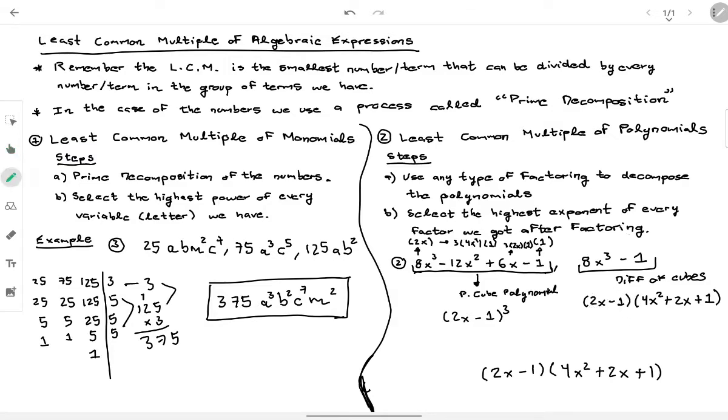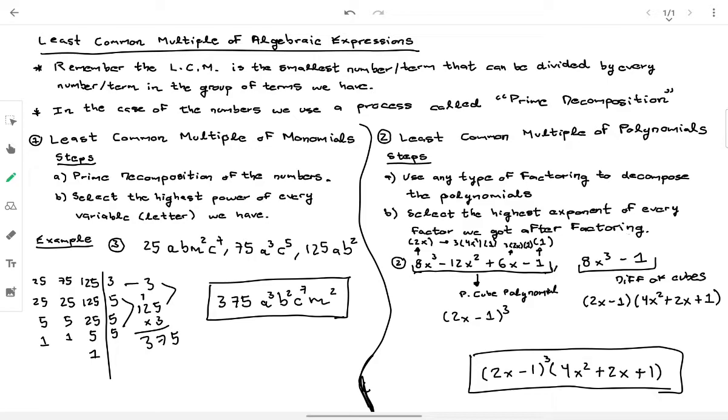We need to select the biggest one, so it's going to be to the third power. And the other one we have only to the 1, so this one is going to be our least common multiple. So remember, this kind of exercise is not difficult if we remember factoring, but if not, it's a good time to review factoring again.